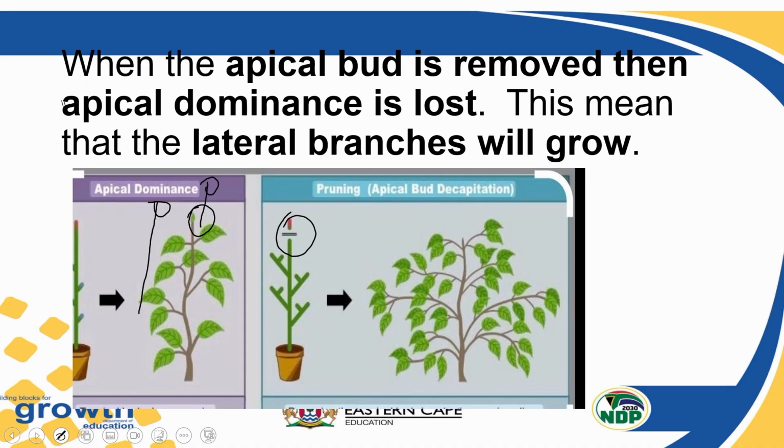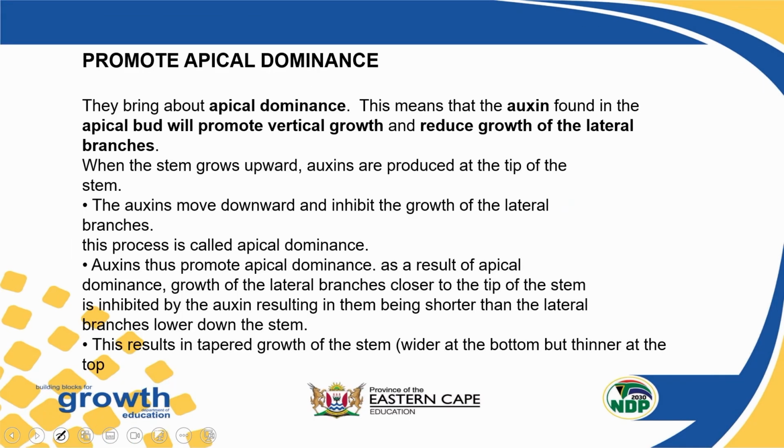The apical shoot has been cut off, and therefore the influence of auxins has been inhibited there. Then it means this plant now will not grow vertically, but it will begin to grow in lateral buds, which is showing that really the presence of auxins promotes what we refer to as apical dominance.